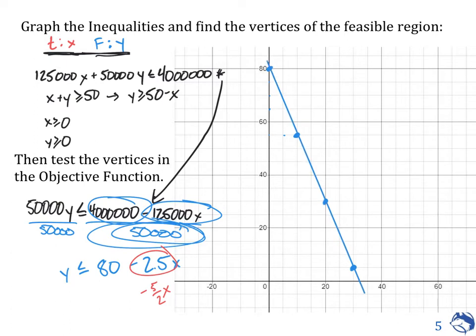And then the other one is this one. So y is greater than or equal to 50 minus x. So 50 is here. Slope is negative 1. Again, this is going to be a solid line because it's or equal to. So that looks like that.